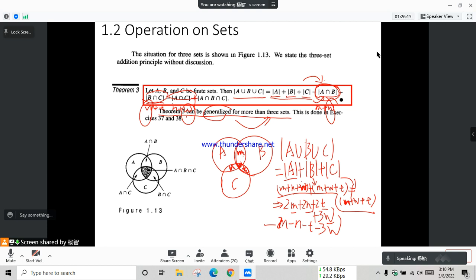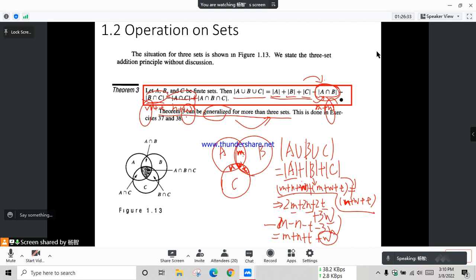When you subtract these, you only have M and N and T, but no W. It means finally we should add W.